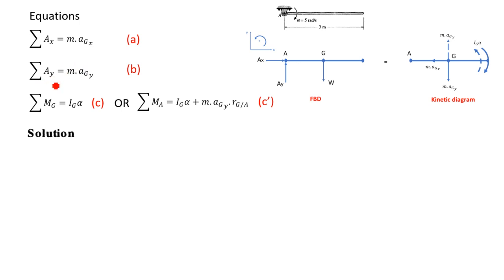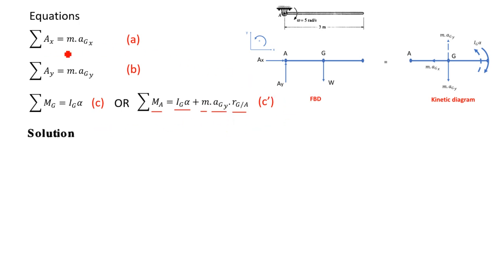The sigma of the forces on the y-axis on the free body diagram is equal to the mass multiplied by the acceleration at point G in the y direction. Finally, the moment around point A is equal to the moment of inertia multiplied by alpha, plus the mass multiplied by the AGY multiplied by the RG/A.